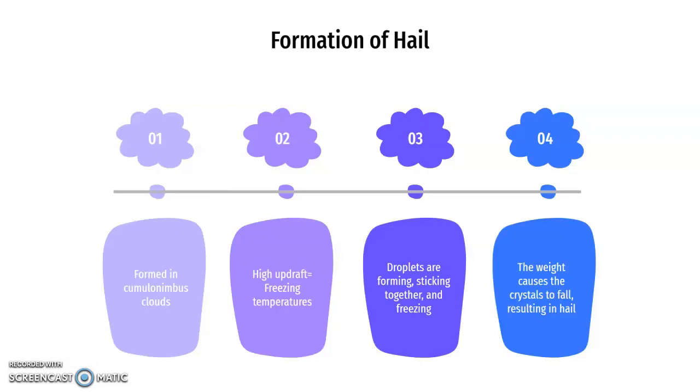When these temperatures freeze, the droplets are forming, and then they're sticking together and they're freezing. So it's making this really big, crystal-like solid. And then, just like precipitation, the weight of that crystal will have it fall, and that'll result in hail.